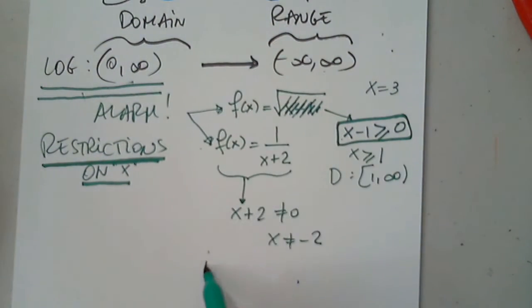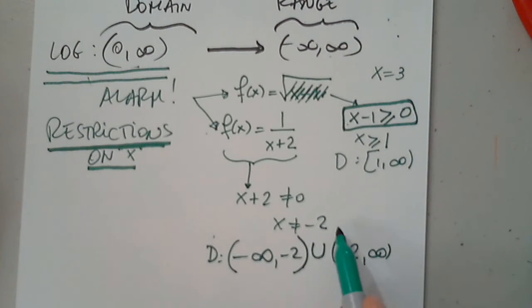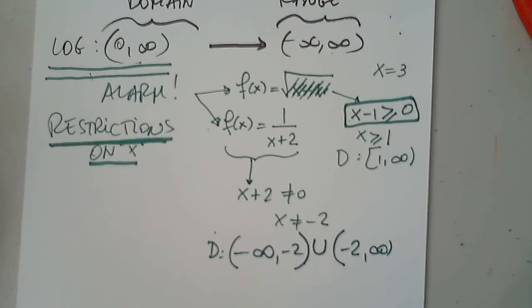The domain for this function is negative infinity, negative 2 with a parenthesis, union, parenthesis again, negative 2 to infinity, to exclude negative 2. Awesome.